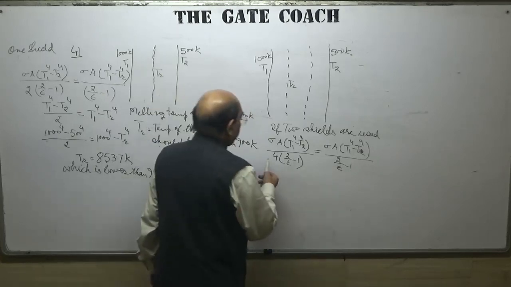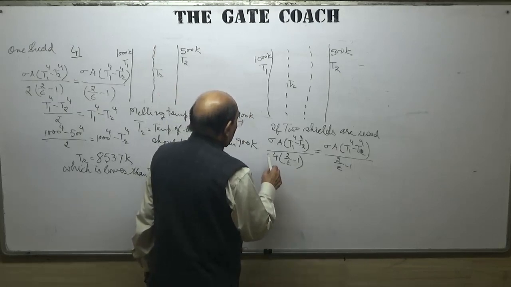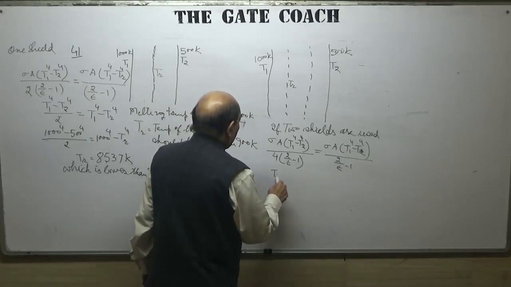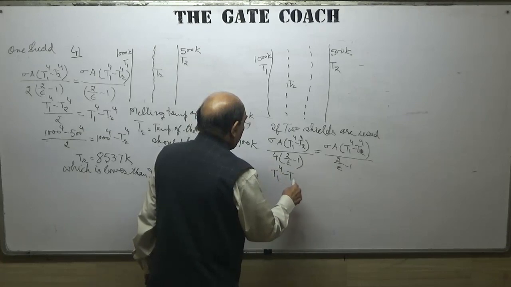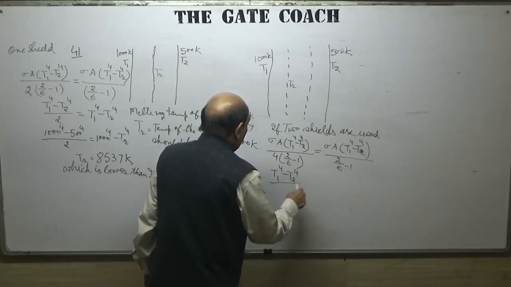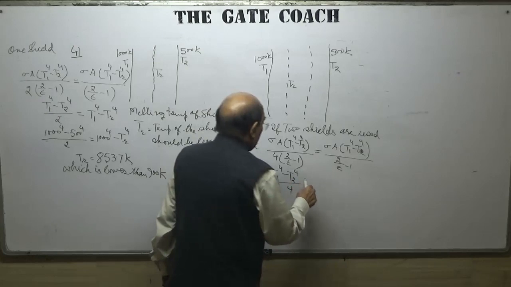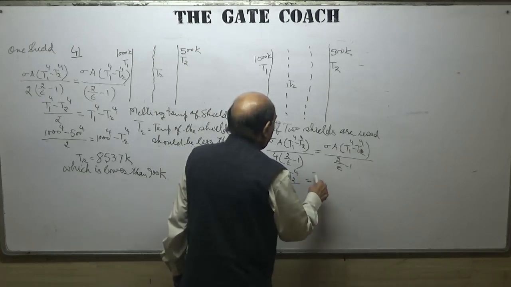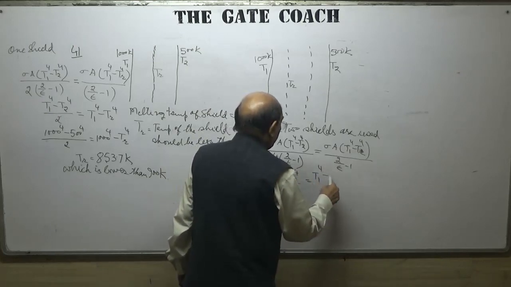Temperature should be reduced 4 times. That means T1^4 minus T2^4 upon 4 is equal to T1^4 minus Tr^4.